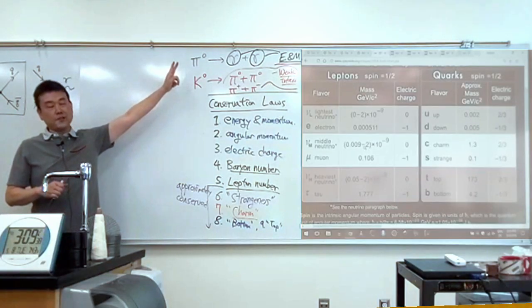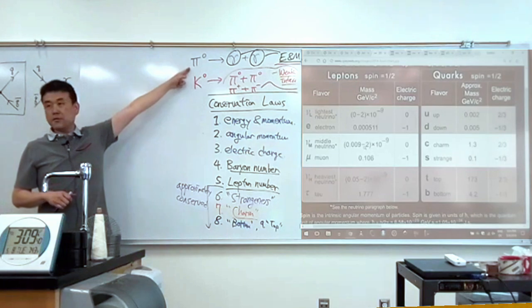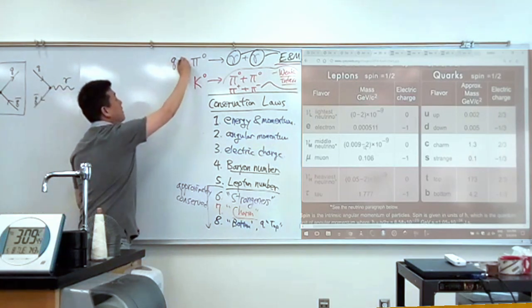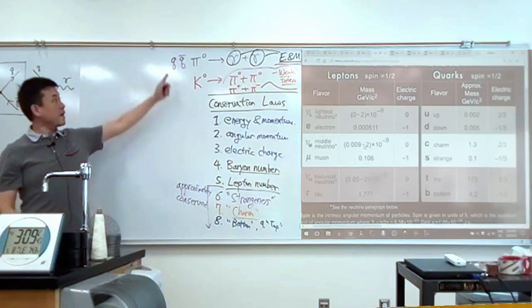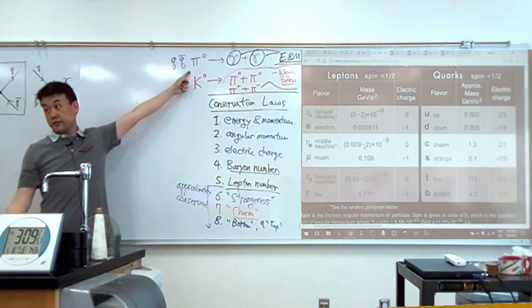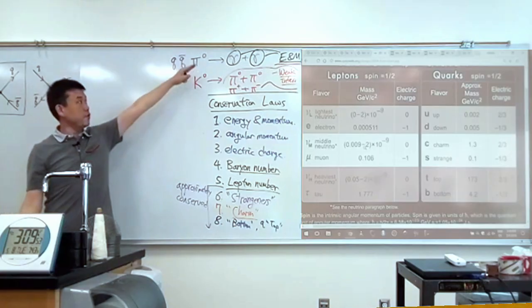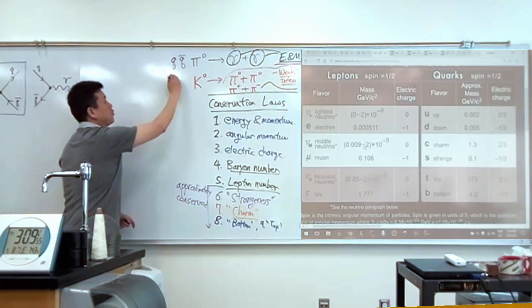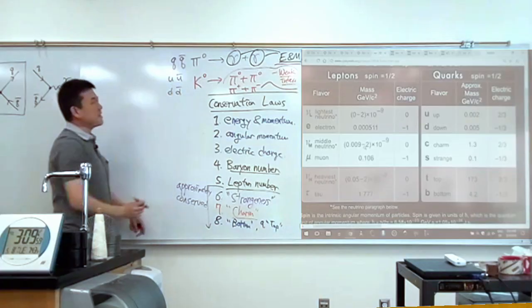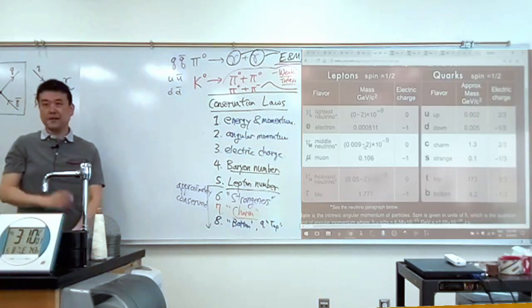What I should tell you now is that pi mesons are made up of 1 quark and an antiquark, and what can go into these for the pi meson are the up and down quarks. For the neutral pi meson, it's going to be up and anti-up or down and anti-down. It's actually some linear combination of these. I'm not going to get into that.